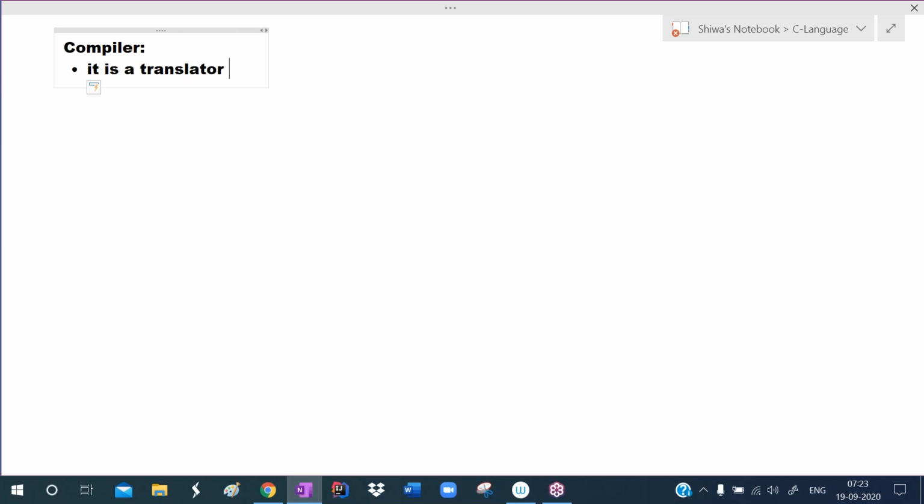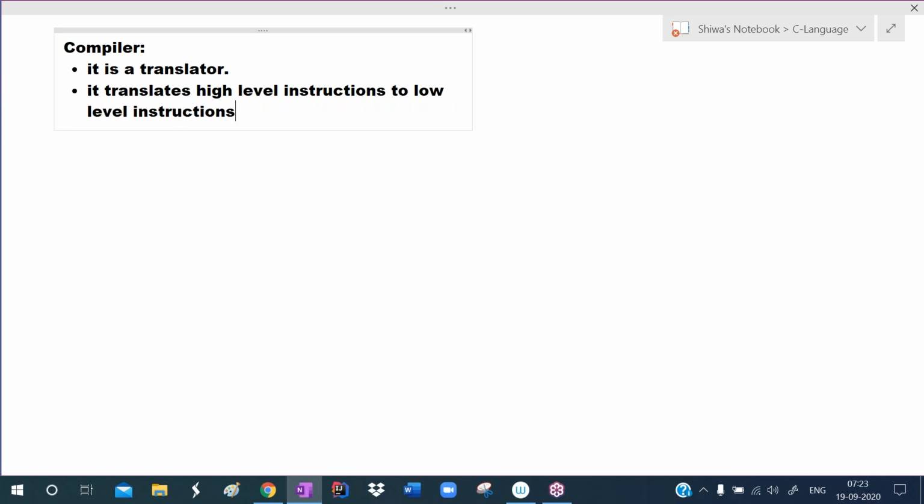It translates high level instructions to low level instructions, and vice versa, meaning low level instructions to high level instructions.